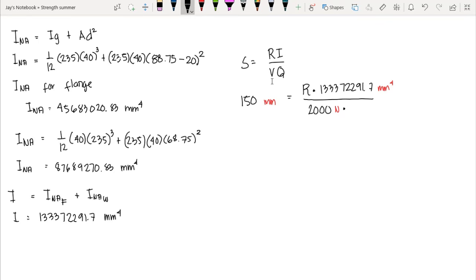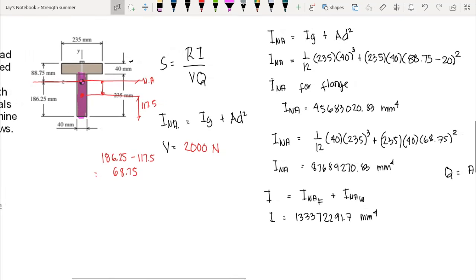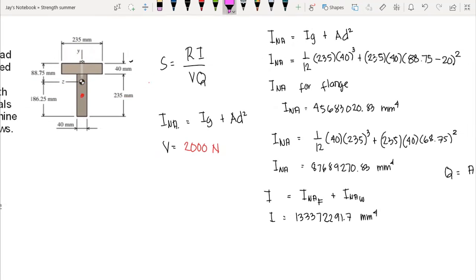Times our Q here, that is the area times the barred y. Now, since we are dealing with the shear capacity of our screw, our shear area here is this one, since the shear that we are looking at is at this point. This is where the possible cracking of our screw is critical. So therefore, our shear area is equal to 235 times 40.